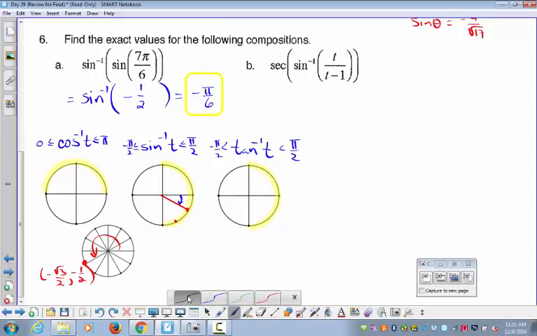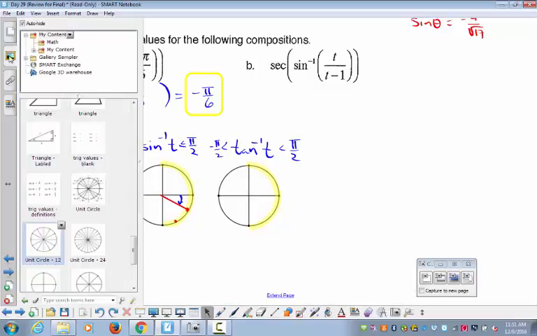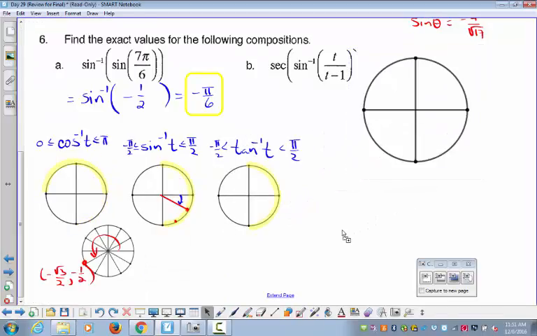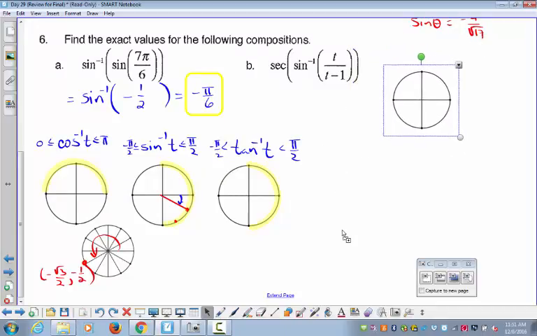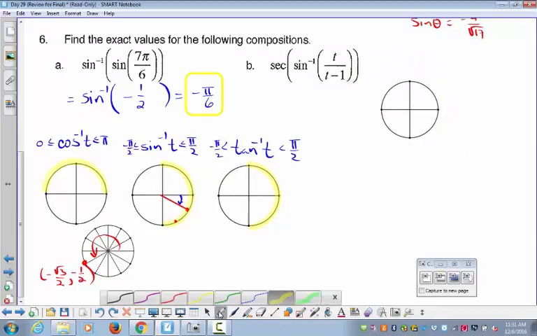Okay, the next one, we have a variable instead of a numerical fraction in there. And we are dealing with an inverse sine function. Let's draw a sketch. We know that inverse sine is an angle on the right half of the circle.